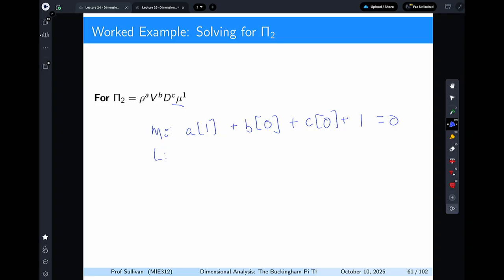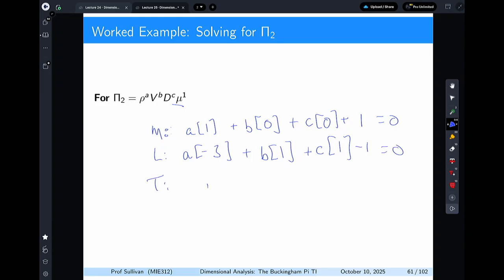L: a to the minus 3 plus b to the 1 plus c 1 minus 1 equals 0.